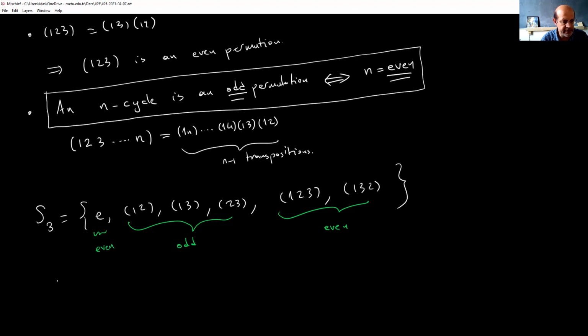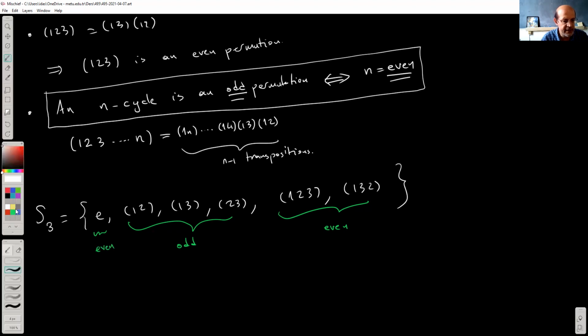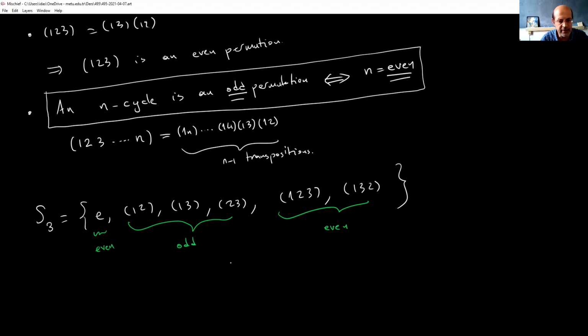So let me show it in here with a gray color. When I say identity, I can express it as (1 2) product with (1 2), because I know that the inverse of this one is this, so therefore their product is equal to identity. And so therefore identity can be written as a product of 2 transpositions, so therefore identity is even.